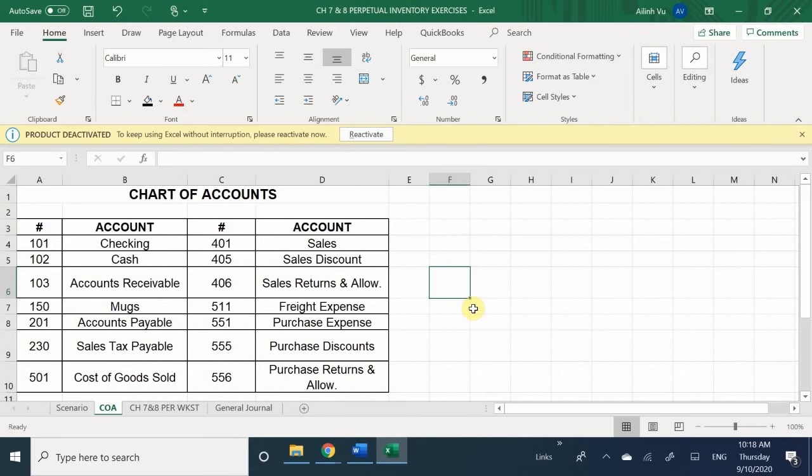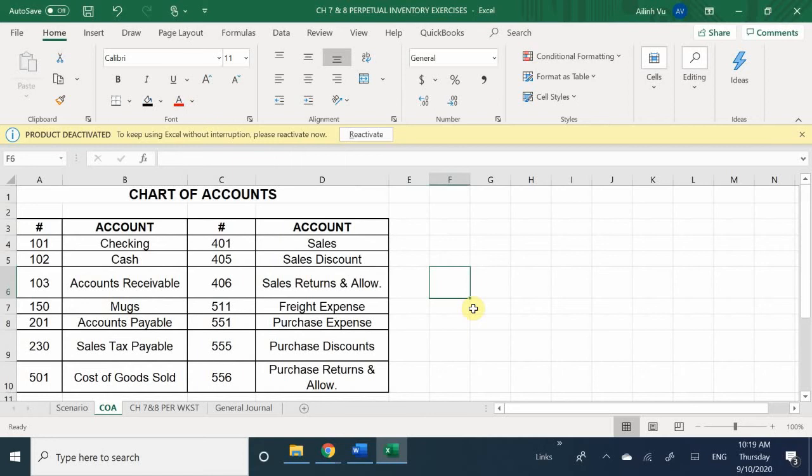Okay, not the journal. At the same time. I'm sorry, say that again. Inventory updated at the same time. Exactly. Wherever we put our inventory, we're taking out of inventory. So the number one rule for perpetual inventory: everything goes into inventory, everything gets taken out of inventory.